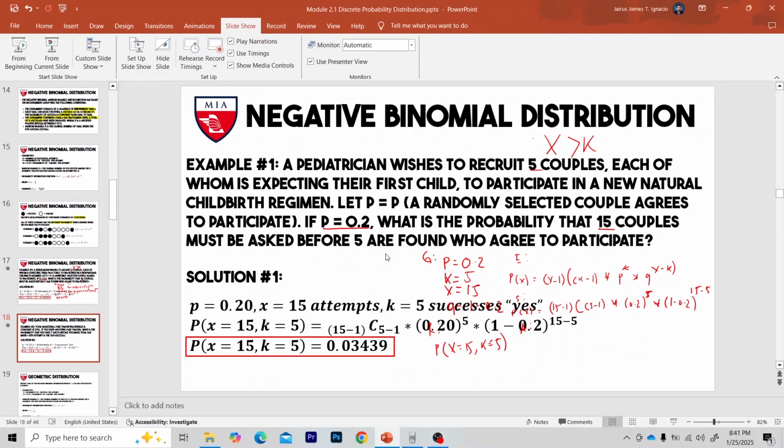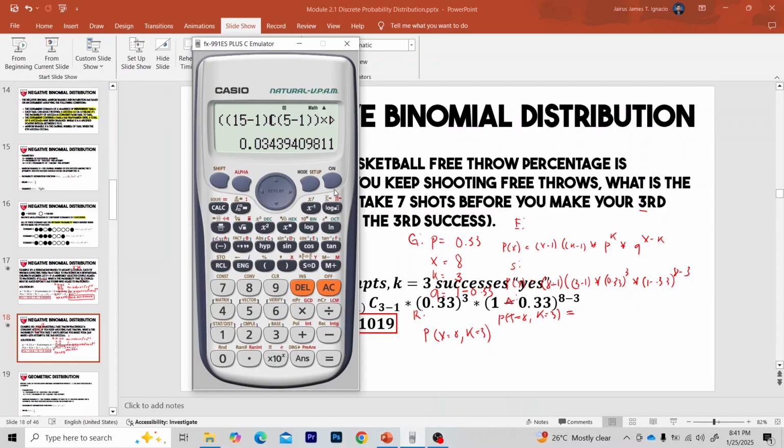Okay, let's start. We have quantity 8 minus 1, shift, combination, quantity 3 minus 1, multiplied by 0.33 raised to 3 multiplied by quantity 1 minus 0.33 raised to 8 minus 3.